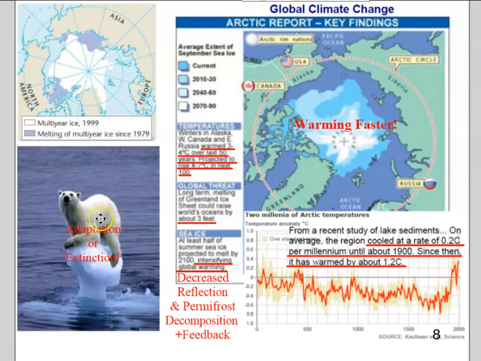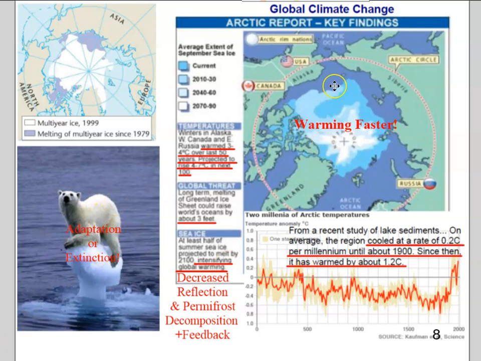So they're trying to expand their range and be able to survive and steal our food because they can't get their own food. And so it'll be interesting to see how that all plays out. But polar bears are definitely endangered due to the warming that we're seeing, especially in the Arctic and the Antarctic. But polar bears don't live in the Antarctic.